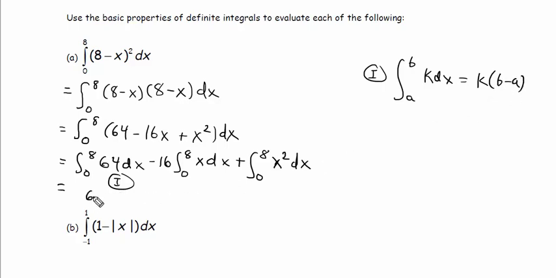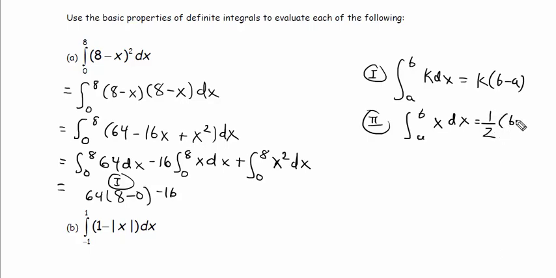So that will be 64 times 8 minus 0. And then for the second one, I have minus 16. If I integral from a to b of x dx would be 1/2 times b squared minus a squared. So that's times 1/2 times 8 squared minus 0 squared.